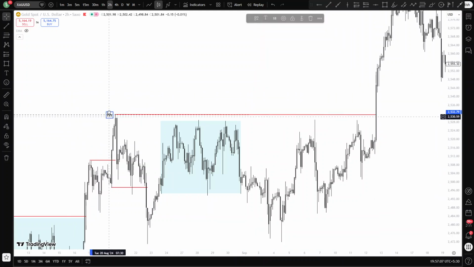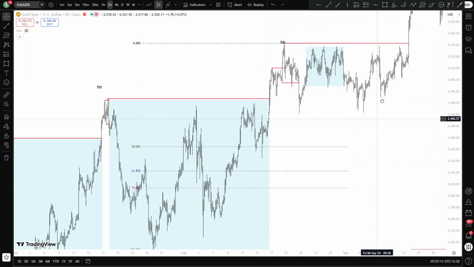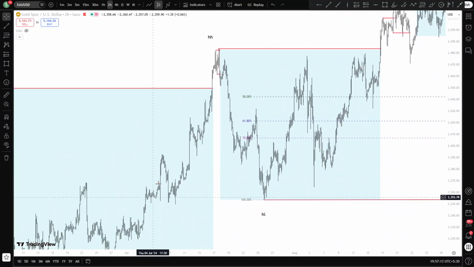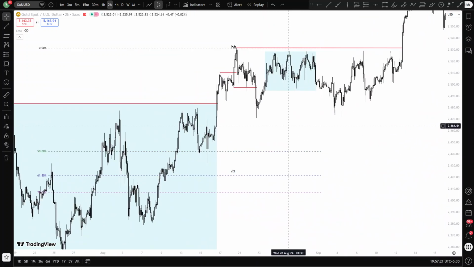Why? Because we understand that the main reason the market is always giving you pullbacks is for it to be taking out these lows which are here. And once it has enough, it now gives you a push to the upside.